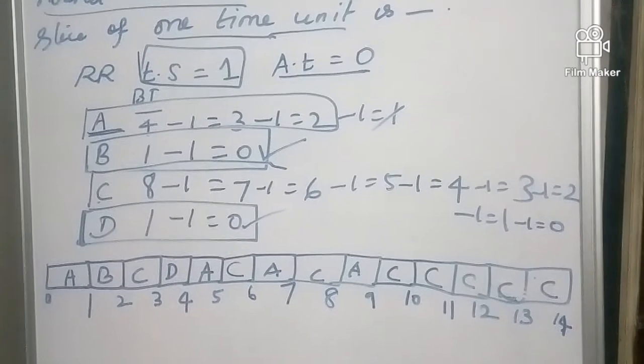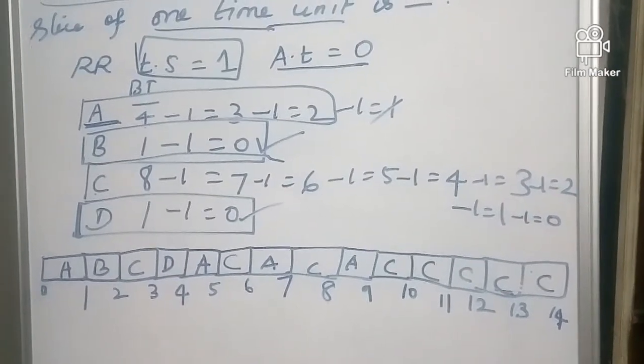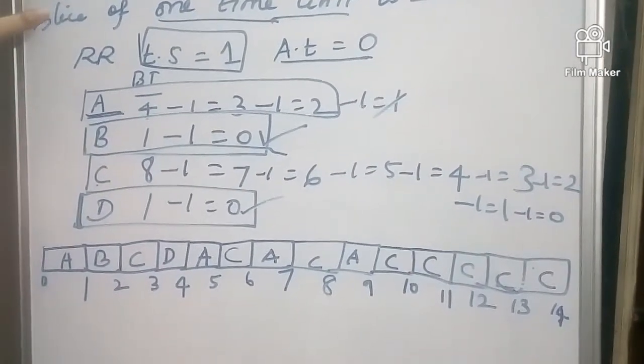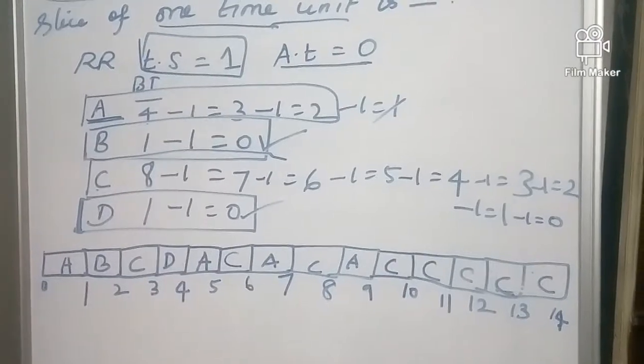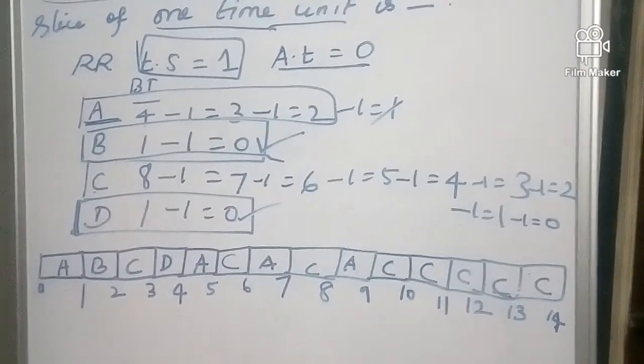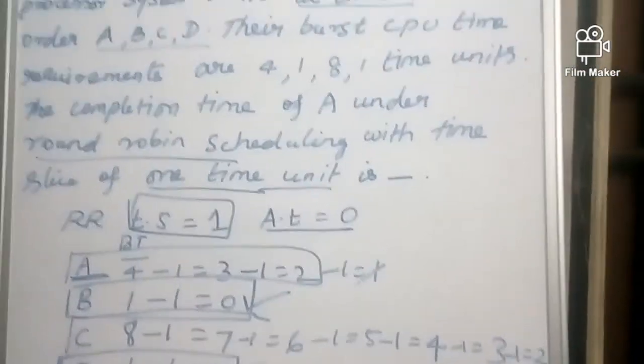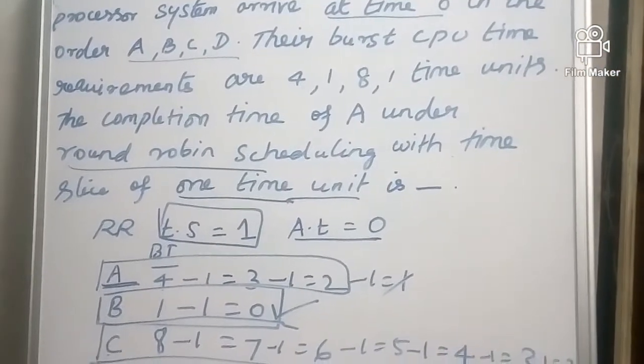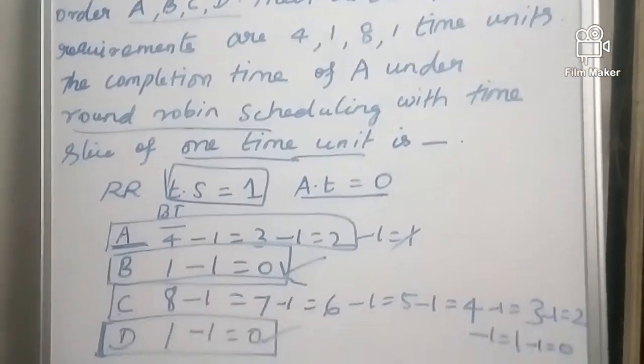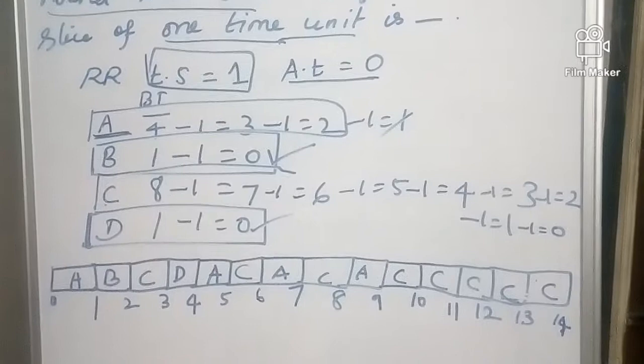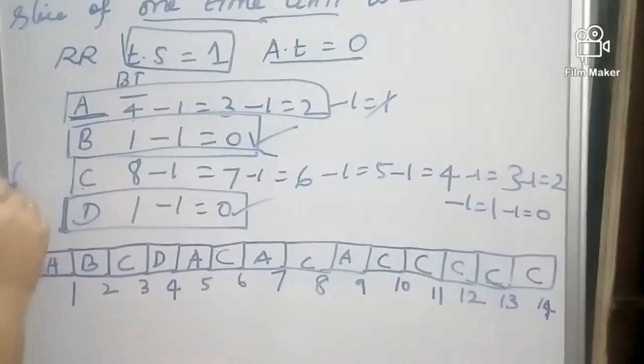Okay, fine. So what is the question here? The completion time of A under round robin scheduling with the time slice of 1 time unit. So now you take a reverse look at the Gantt chart. So this is called the Gantt chart.